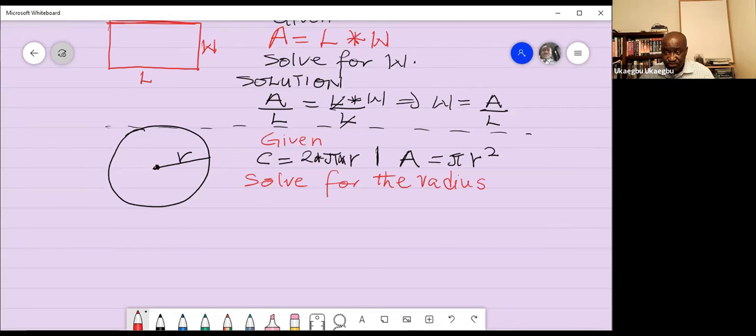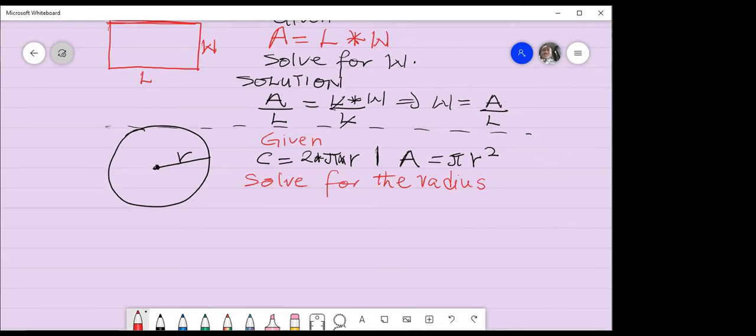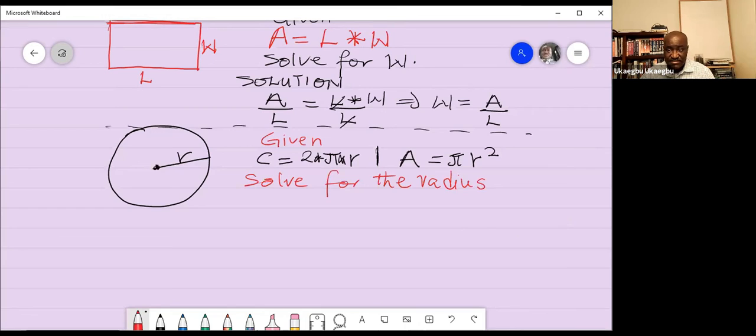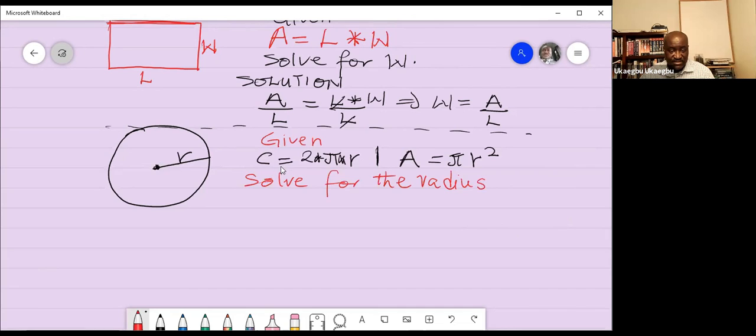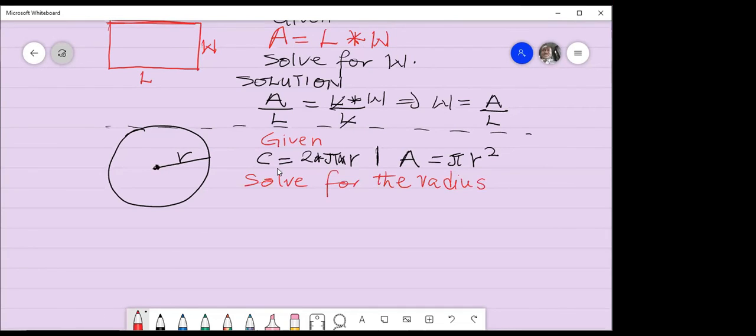Next, Joshua. Joshua, go ahead. What's the first one? You said what's the radius? Yes, for the first one. Isn't it A divided by pi square? The first one is the one that has to do with circumference. So isn't it just C divided by 2 pi? Yes, 2 pi.